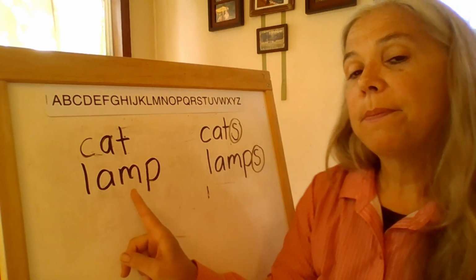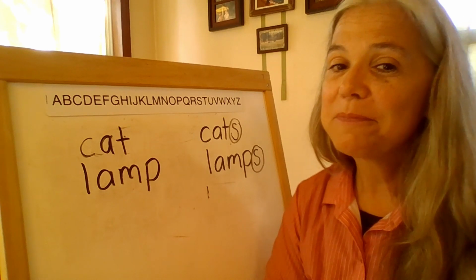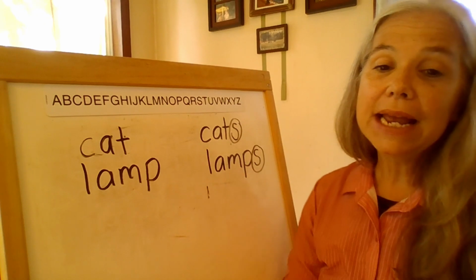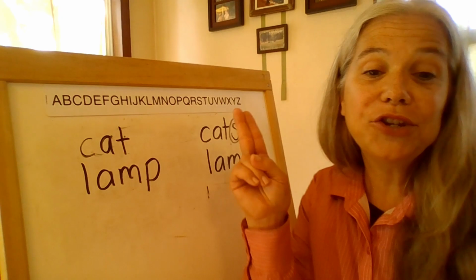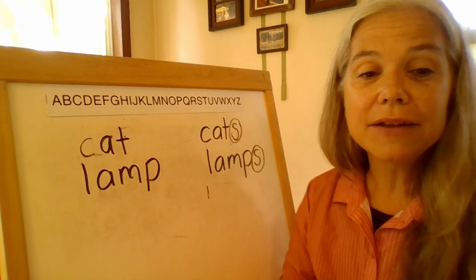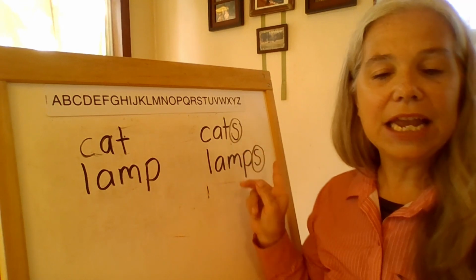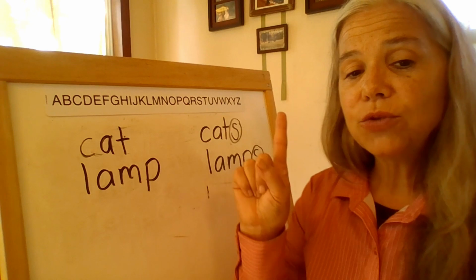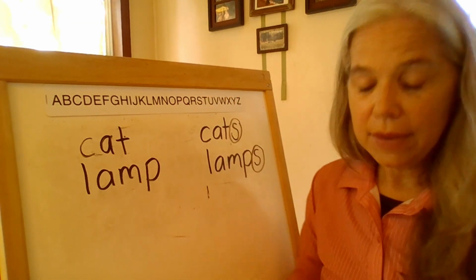If I say I broke a lamp, how many lamps did I break? Right, just one. If I said I broke some lamps, how many lamps did I break? Yeah, it could be 2, 3, a million. So that means when we add suffix s at the end of the base word, it means more than one. Singular means one, plural means more than one.